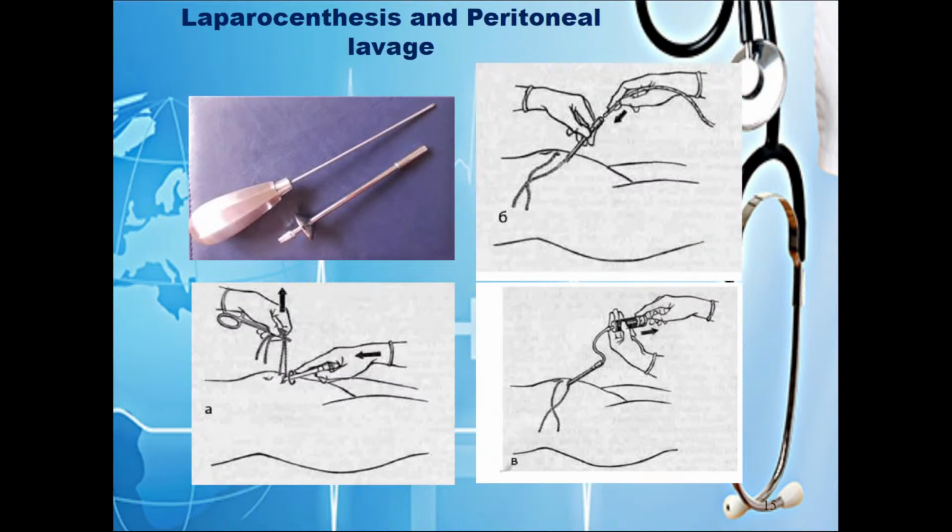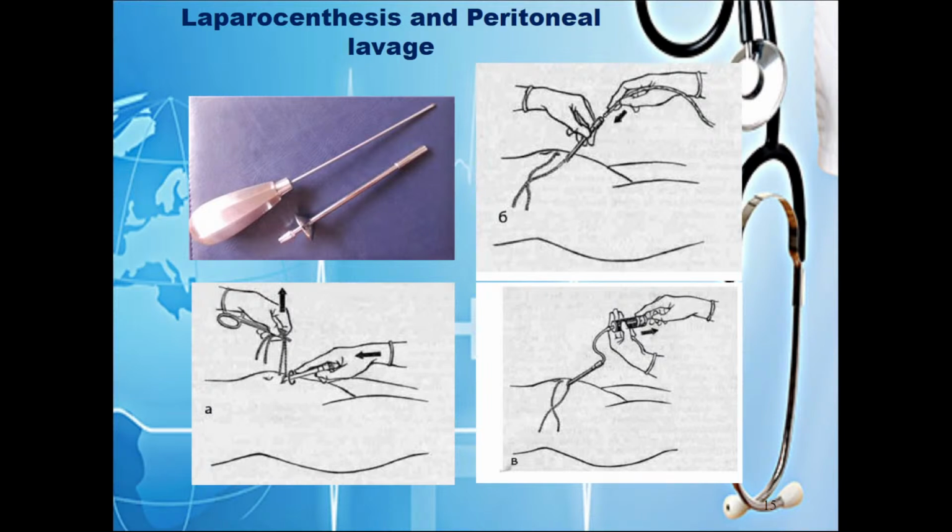Okay, laparocentesis and peritoneal lavage. When do we do this? For example, if we are not working in a big clinic, but in the periphery, maybe some big village, and we don't have laparoscopy.